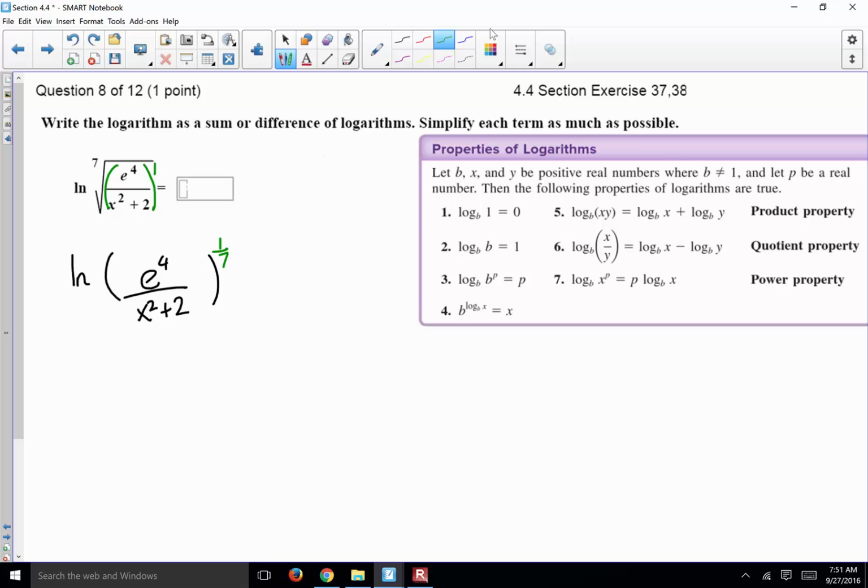Next. What shall we do next? You need to rinse and repeat. Use one of these rules each time and break this apart. I want to see e, x squared all separated with their own logarithms.